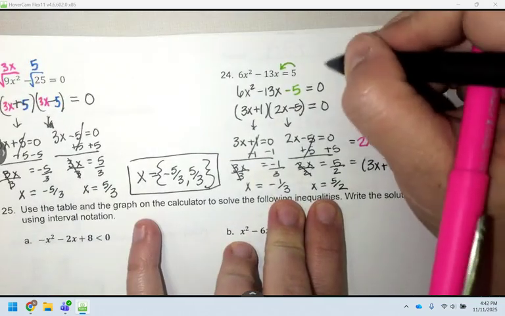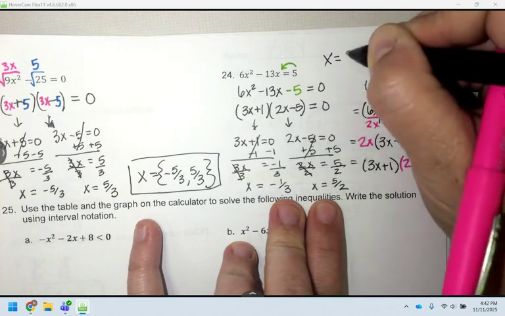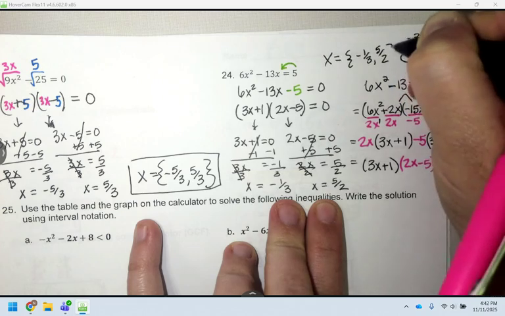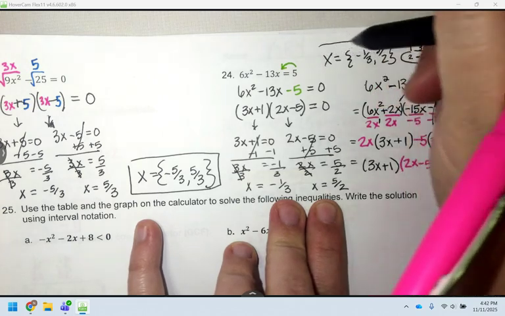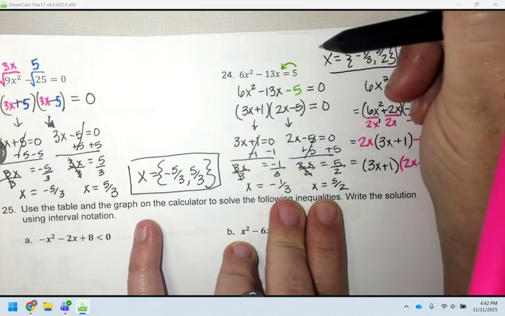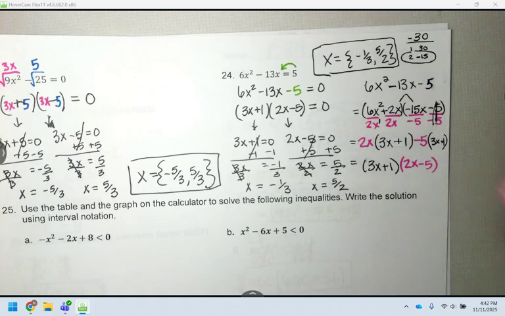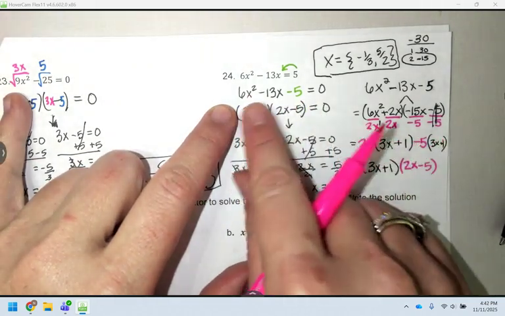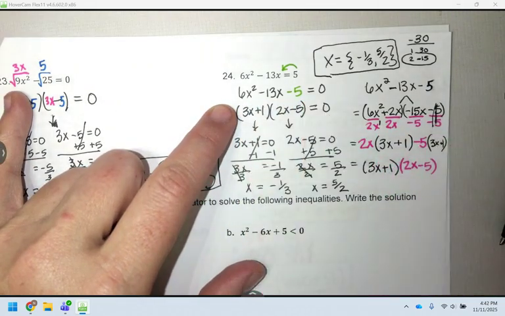All right, we get two answers, least to greatest. And let's check our answers. Oh man. Okay, so right here, you check your answer against the one where you made it equal to 0.